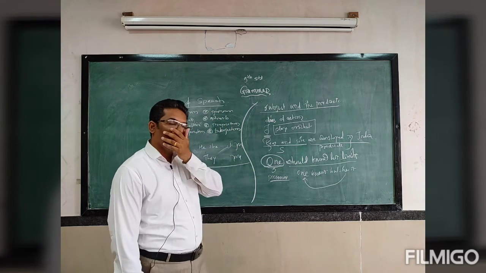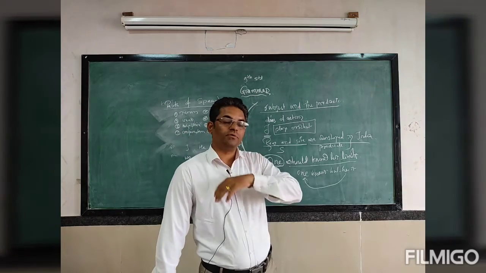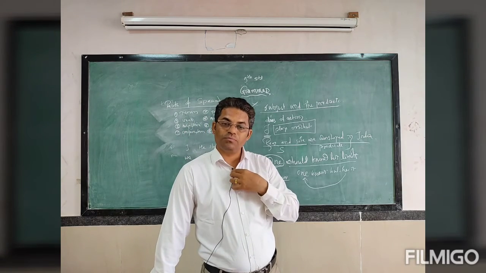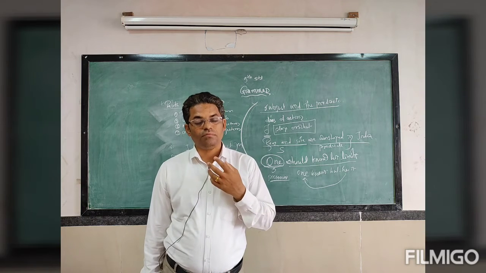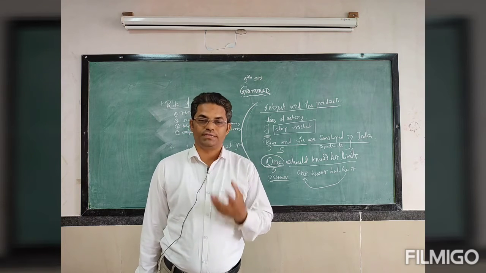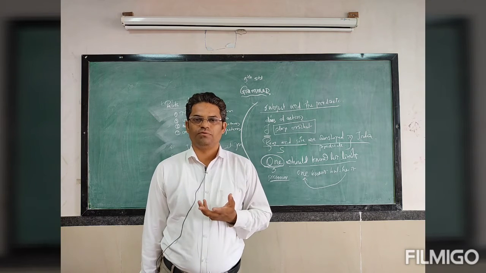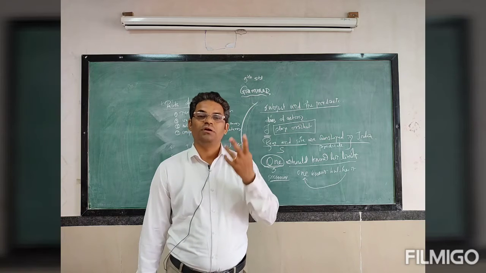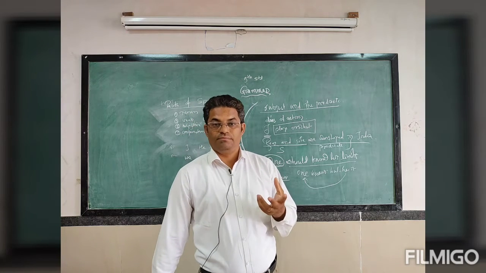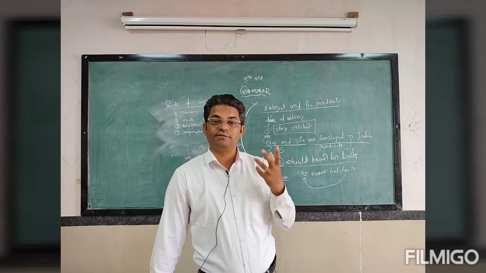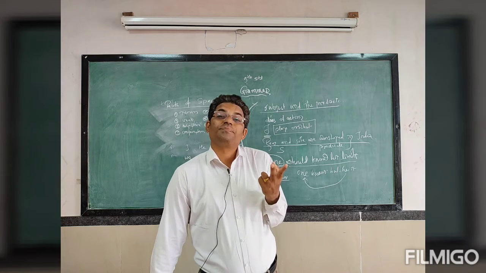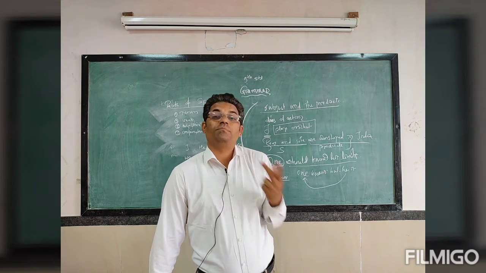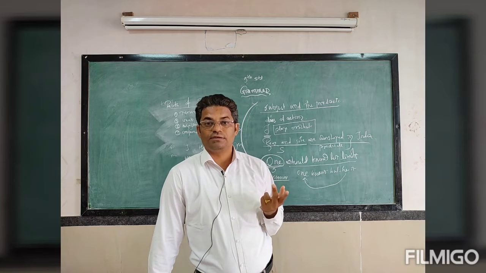Adjective. Pen is a noun, but a word or group of words that gives more information about the noun is called an adjective. Pen, red pen. It is a pen, but how is it? Red. So, it is an adjective. Pen, two pens. How many pens? Number of pens is told. So, that is an adjective.